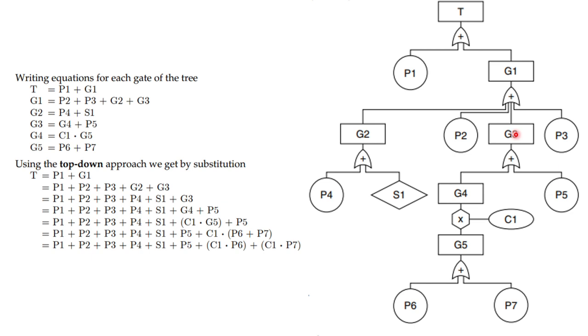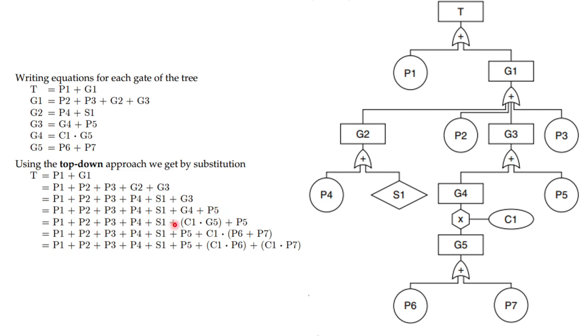Then later on, the G3 will be removed. We will have this formula. So instead of G3, we will have the G4 plus P5.